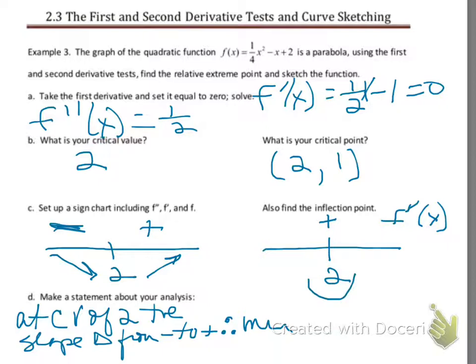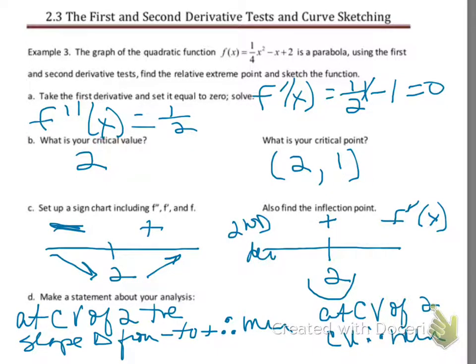Concave up looks like that, and therefore I can say at the CV of 2, I am concave up, and therefore I have a min.